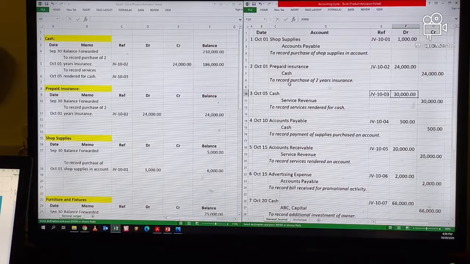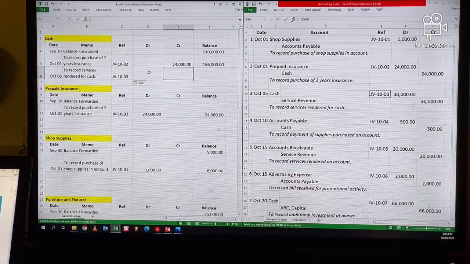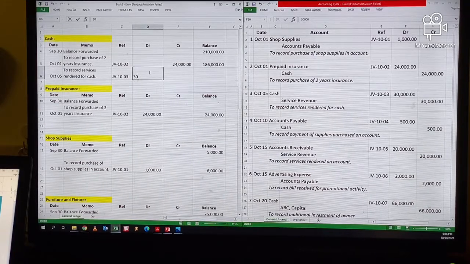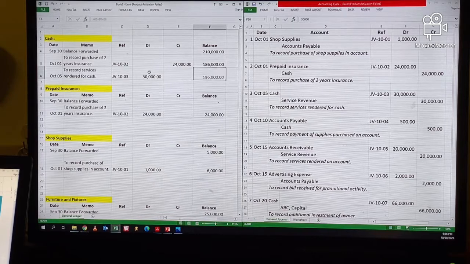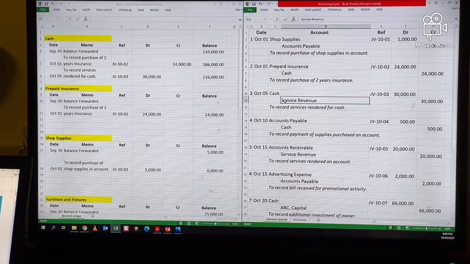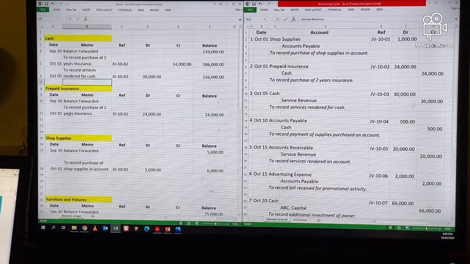So, debit cash. You received cash for services. Then 186 plus 30 is 216. Now, your credit for rendering service in cash is service revenue.